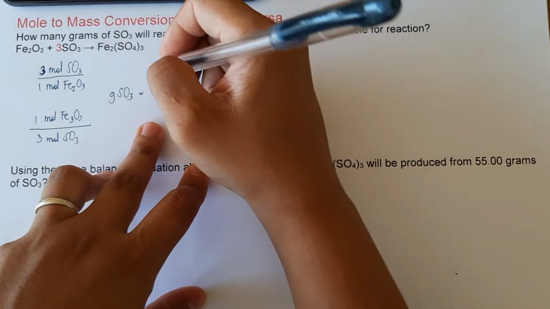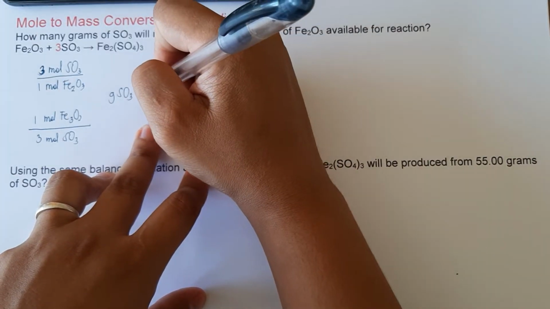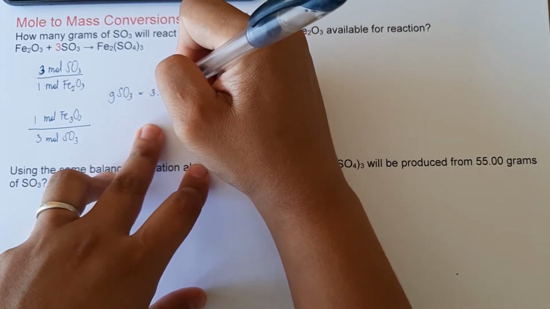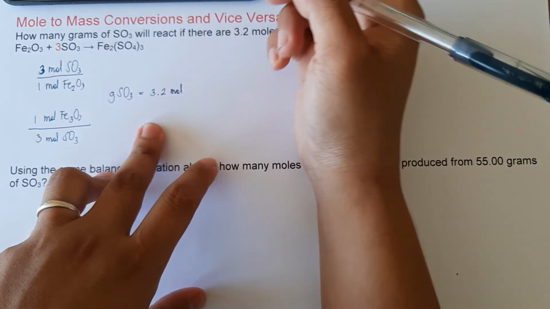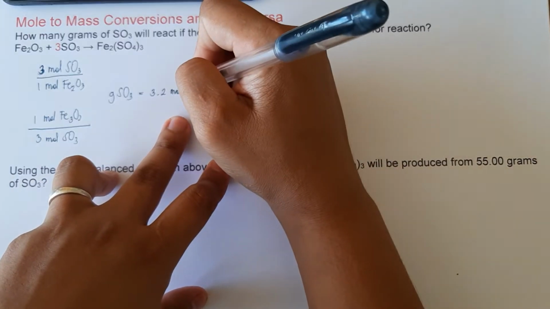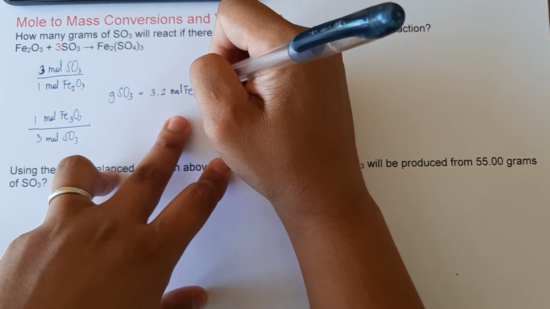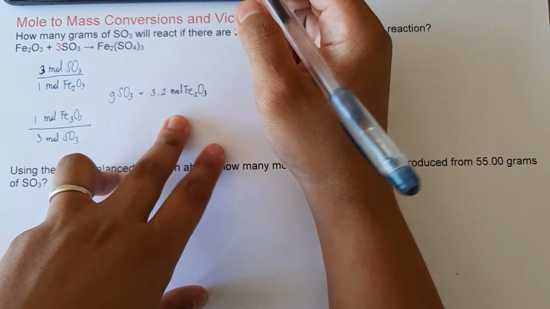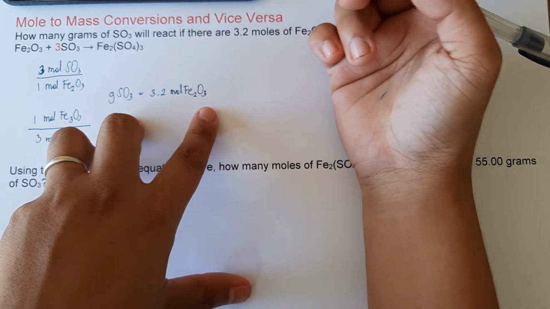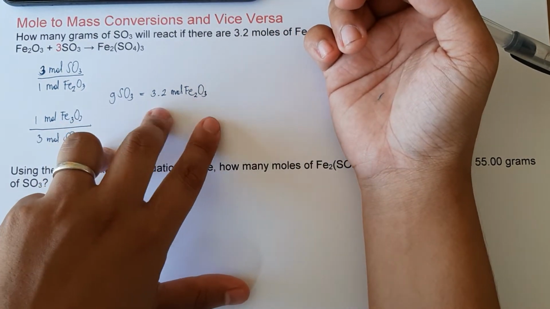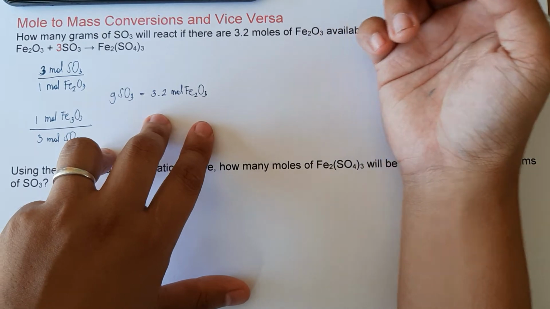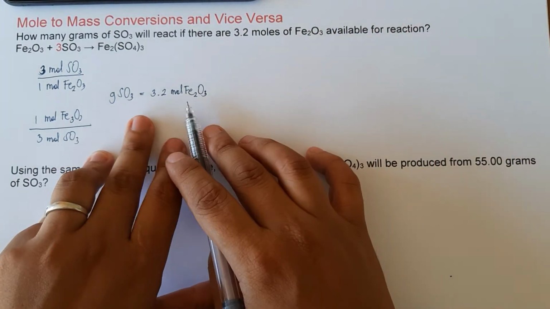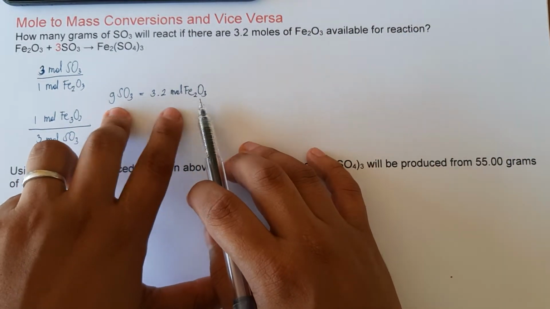So, our given here is 3.2 moles. Kung mayroon tayong 3.2 moles of iron trioxide, gaano daw kabigat or ilang gramo ng sulfur trioxide ang mapuproduce or ang magagamit? No, yung magre-react. So, this is what is asked, this is the given.